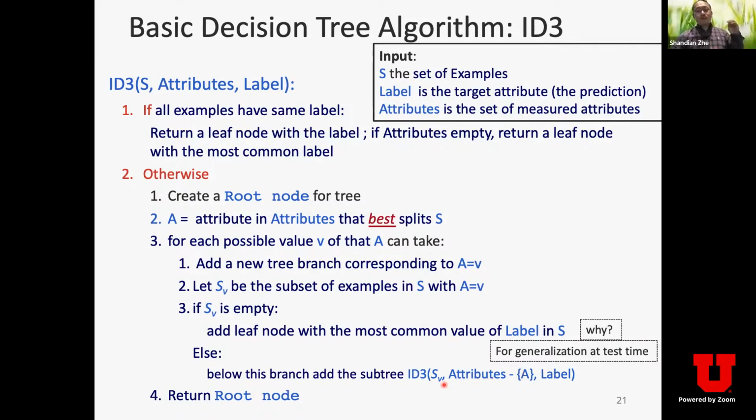So you can see that all the examples in SV have the same value V for attribute A. So it's meaningless to use A to split again, because all the examples have the same A value. They all take value V. So if you use A to split them, how do you split them?